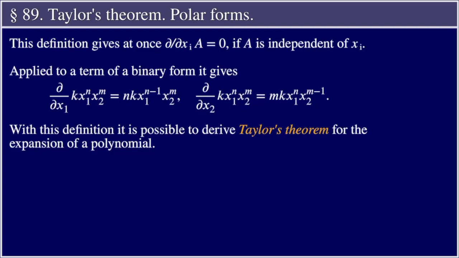Applied to a term of a binary form, it gives d/dx_1 of k x_1^n x_2^m equals n k x_1^(n-1) x_2^m, and d/dx_2 of k x_1^n x_2^m equals m k x_1^n x_2^(m-1).